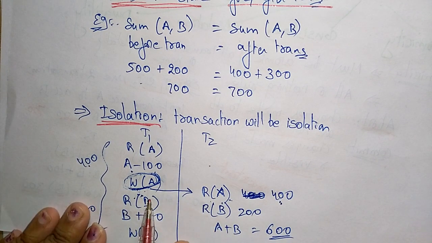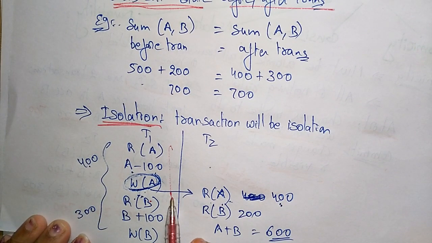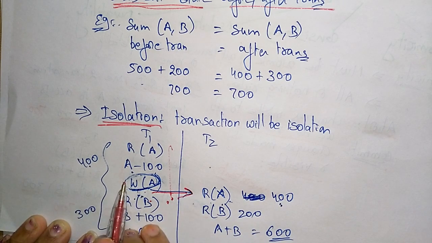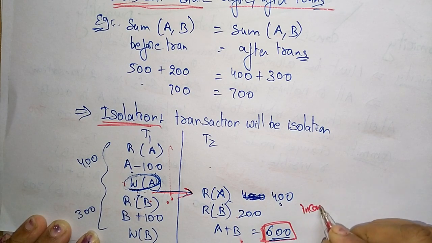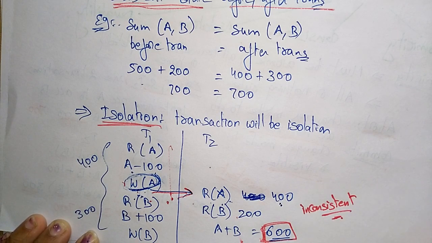If the data used during execution of a transaction is not yet completed, and in between another transaction sees this data and performs an operation, you will get another value, meaning the database is in an inconsistent state. To avoid this problem we use the isolation technique.